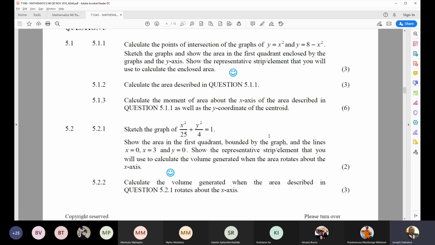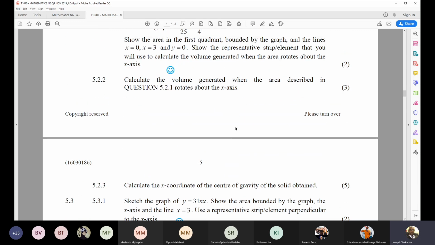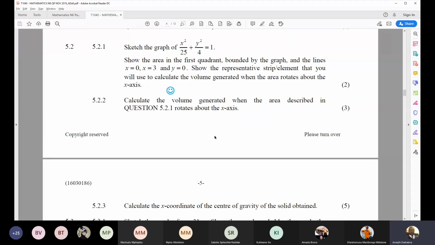Okay, so this is 5.1. Now, the one we are doing is 5.2. I'm just going to show it because it's got different pages.